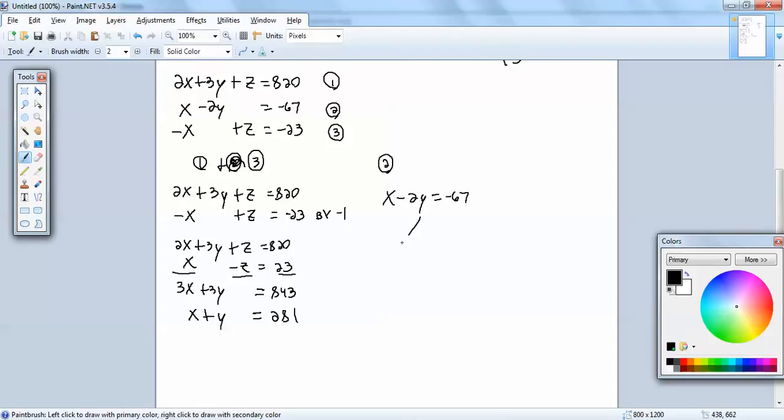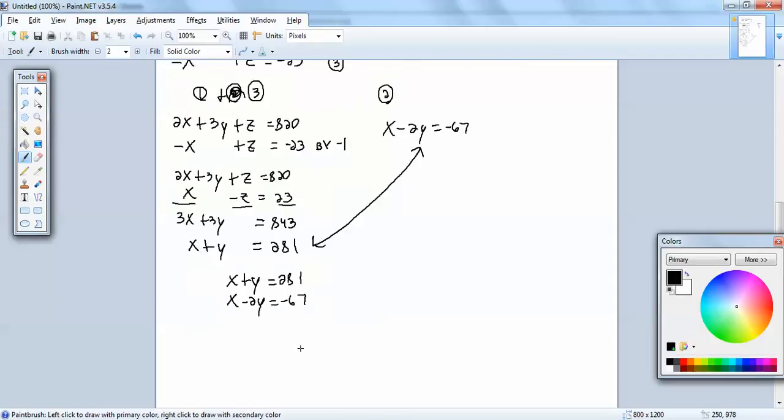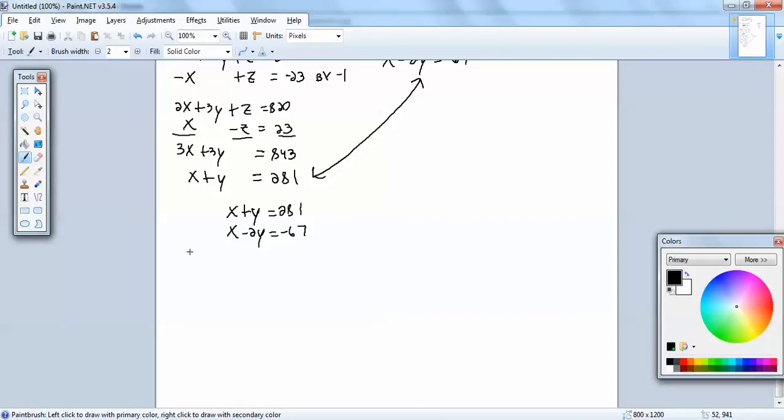Okay, so now we have these 2 equations to work with. So we're going to eliminate the y's. Although you could eliminate the x's, which is a little bit easier, but I'll eliminate the y's. So I'll multiply the first equation by 2. That would give us 2x plus 2y is equal to 281 times 2, which is 562.